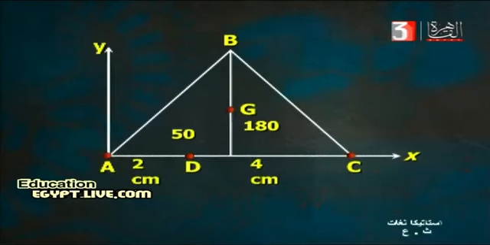After that, look at, my dear student, we have two masses, 180 at G, 20 at D, its coordinate D is 2, 0. At G, this is the centroid, which we have.